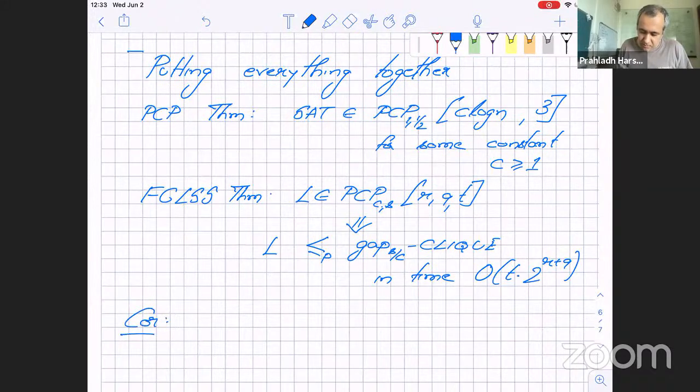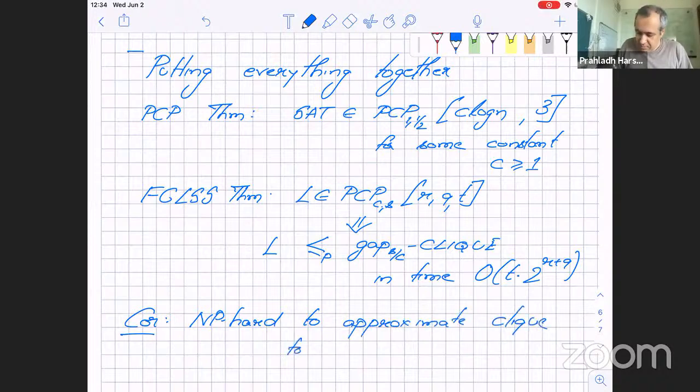You get that it's NP hard to approximate clique to a factor better than half.